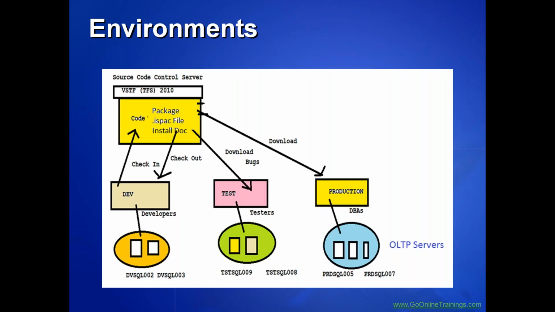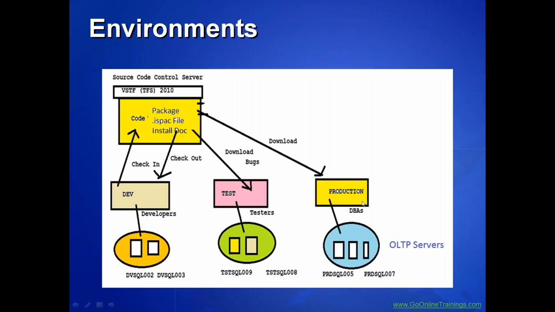Clear? So normally, whenever you are assigned a project, you are not going to go to the production servers and work there. So these are real-time servers. So testers and developers are not given any permission to see this data or to work with these servers.